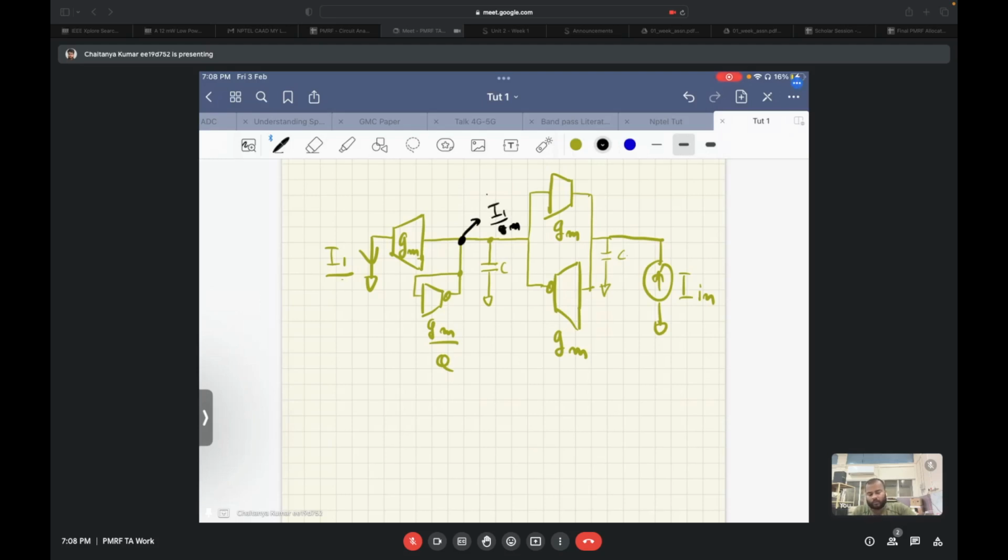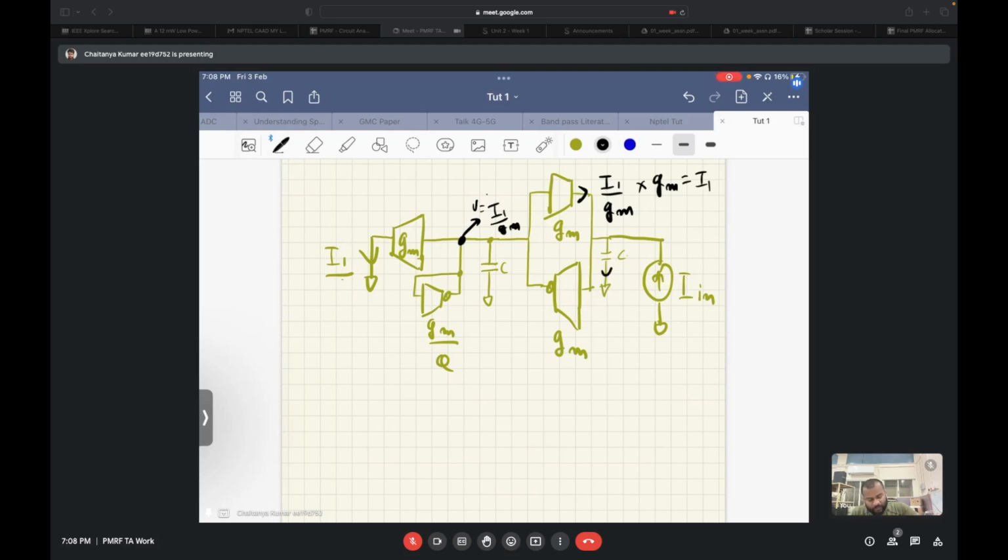This is V equal to I1 by GM. And if this is I1 by GM, the current that will be flowing in this direction will be I1 by GM times GM, that is again equal to I1.